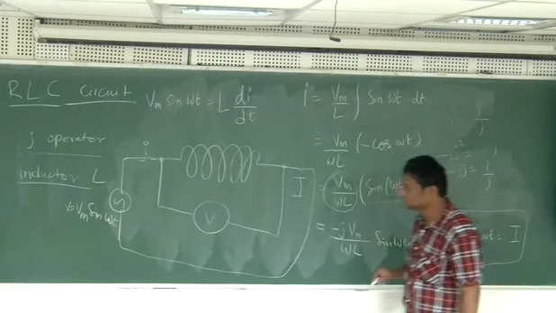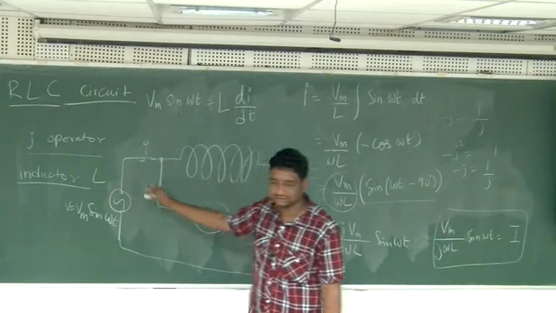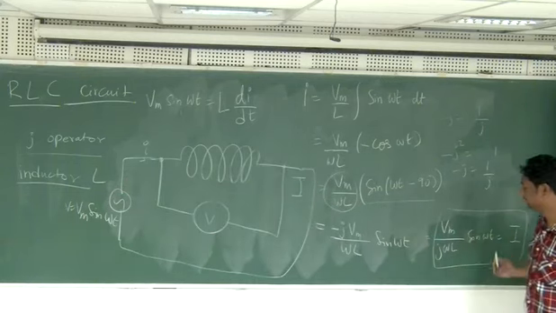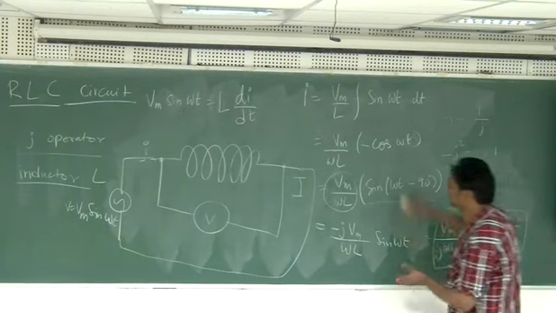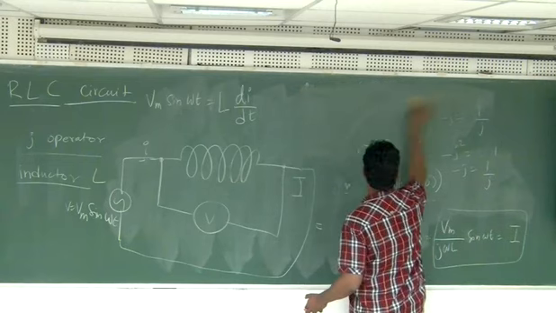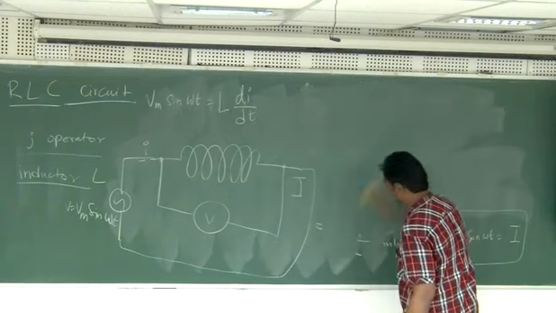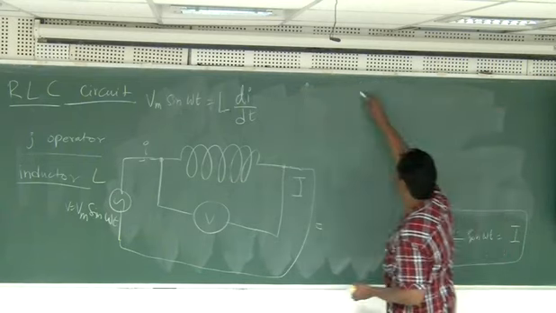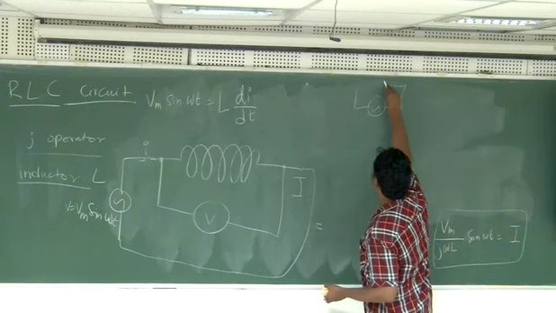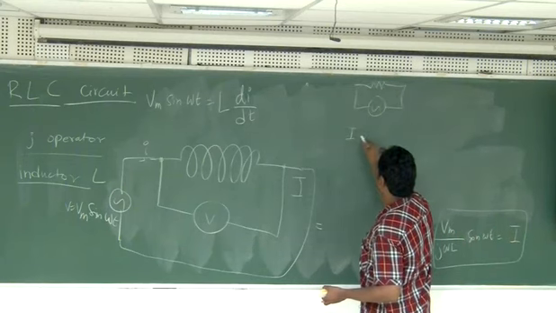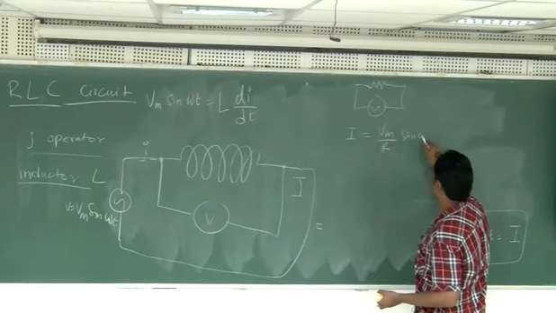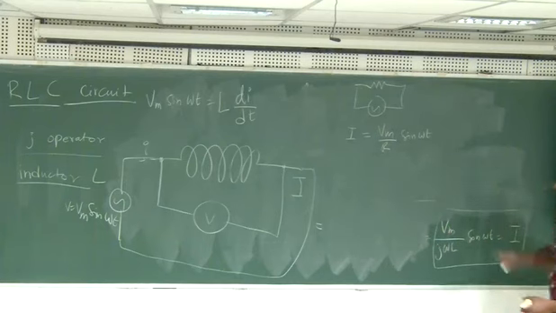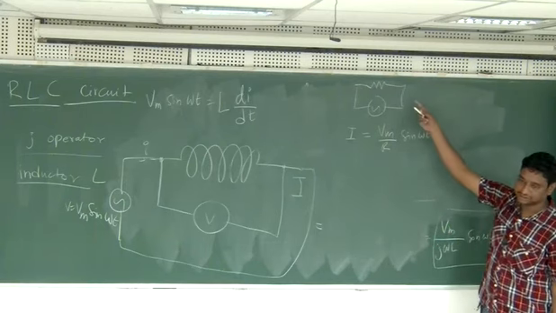The objective was, given the voltage, what is the current? So now I got the current like this. Now compare with the resistance. If it was a simple resistance circuit, this is voltage and then the resistance. So what is your I? V maximum by R sin omega t. This was my current in a simple resistance circuit.